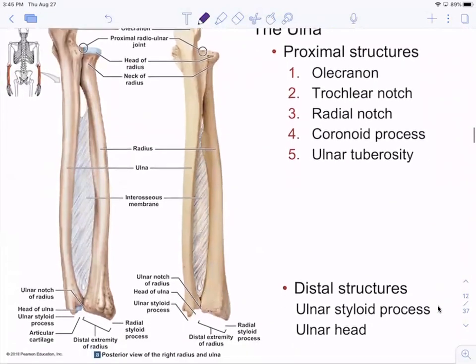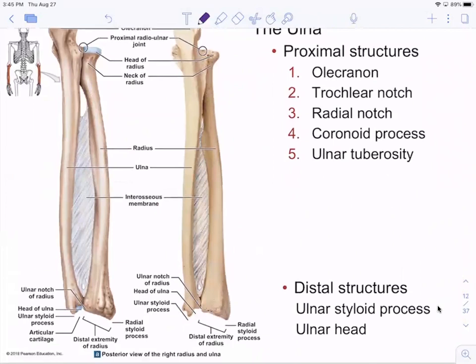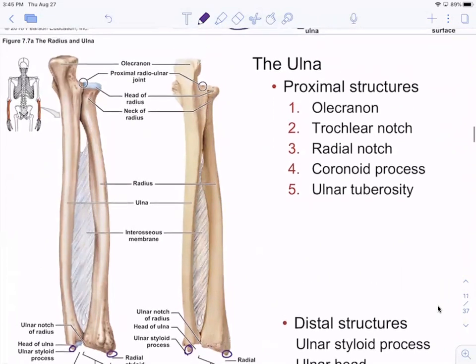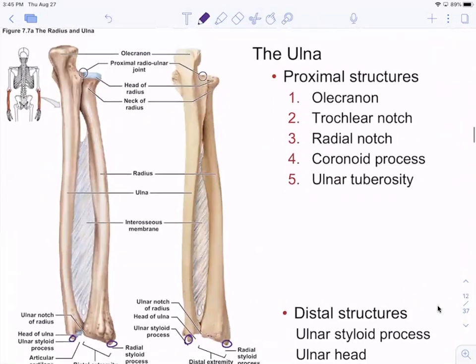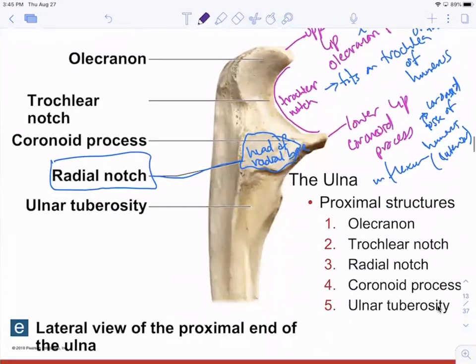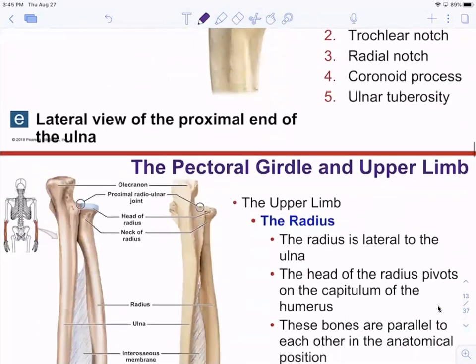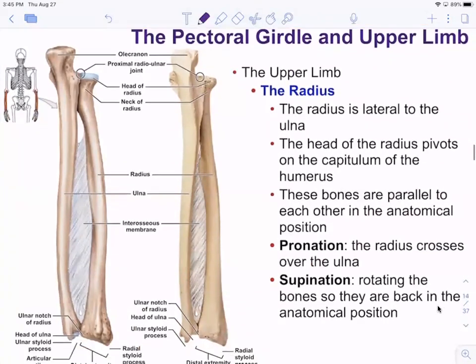So you can go through these again. Down here you have styloid process, styloid process. It's showing you styloid processes there, and that's about it. So you go through these diagrams and you can appreciate all these different features.